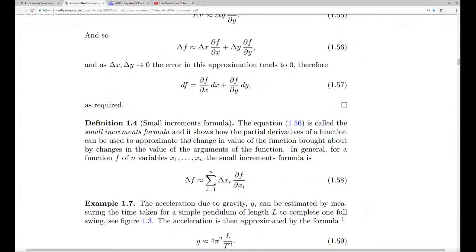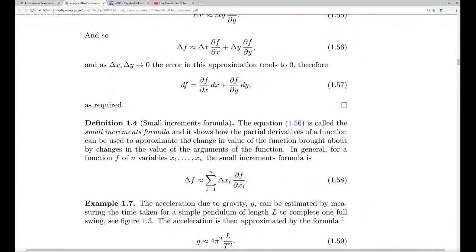If your function is a function of n variables, x1 through xn, this is the small increments formula for that function. At a point close to some base point, x1 through to xn, we can approximate the change in value of the function as the sum of all these linear terms, where the change in the ith variable is multiplied by the derivative of f with respect to the ith variable evaluated at the base point.